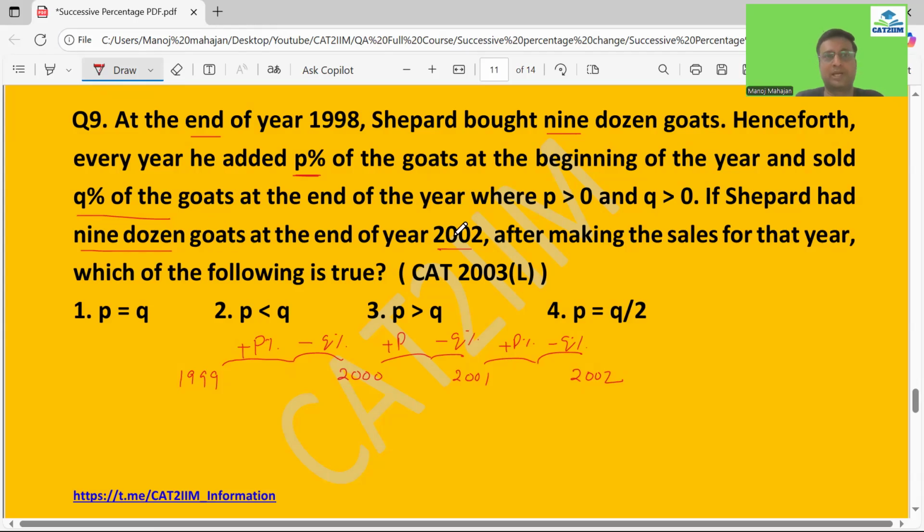So we went till the end of the year 2002. This is actually the beginning, right? So let me add once more P% and then Q% decrease. Finally, at 2003, the beginning, we had 9 in the beginning and 9 at the end.